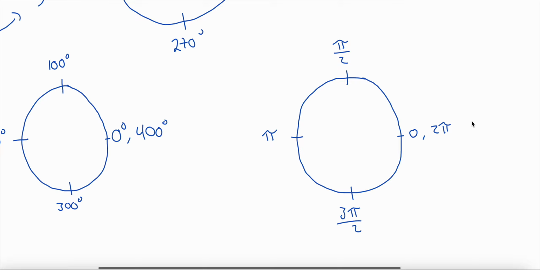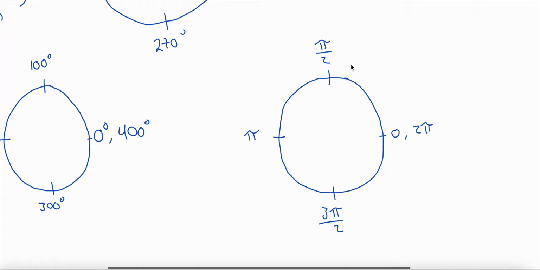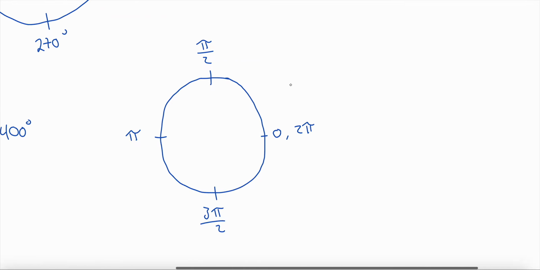And one thing we might notice here is that if this is a unit circle, meaning a circle with a radius of 1, and we were to try to find the circumference of that circle, well, the formula for circumference is C equals 2 pi r.